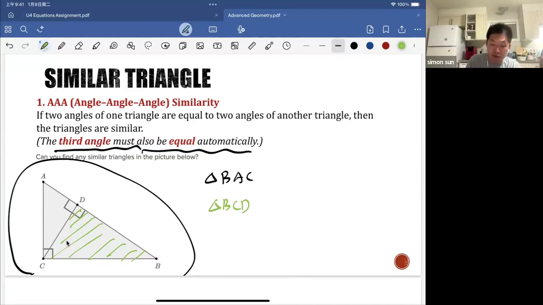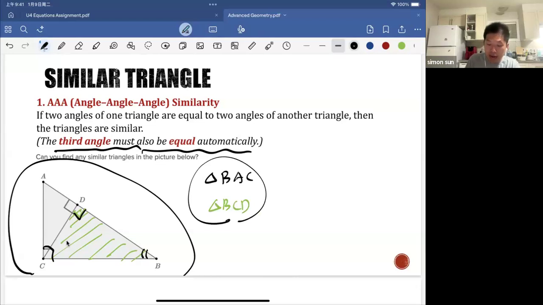And why is that? Because first, they're both right triangles. So one angle will be 90 degrees, right? This one is 90 degrees. For the large BAC, this one is also 90 degrees. They also share the common angle B here. So those two are similar.